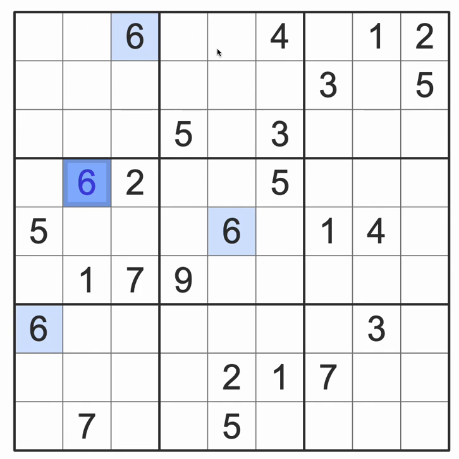That's a double of 3 and 5 because row 2 has 3 and 5, and row 3 also has 3 and 5. For box 1, that means I cannot use these cells for 3 and 5. That gives me a 3, 5 double here.